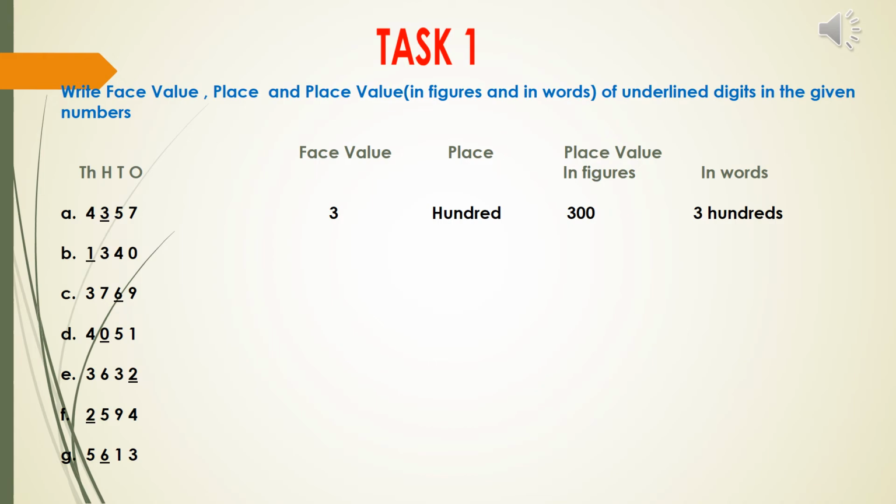We have the number 4357, in which 3 is underlined. So the face value of 3 is 3. Its place is hundreds. Its place value in figures, that means in numbers, is 300, and in words it is three hundred. In the same way, you have to attempt all 7 parts.